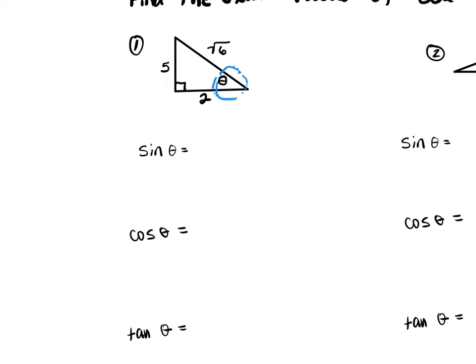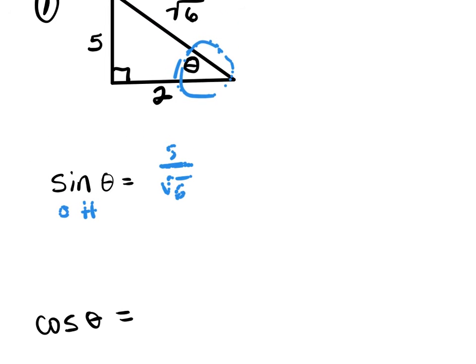So sine is opposite over hypotenuse. So 5 over square root 6. What's wrong with this 5 over square root 6? You can't have a square root as the denominator. So how do we get rid of that square root in the denominator? You multiply by square root 6.